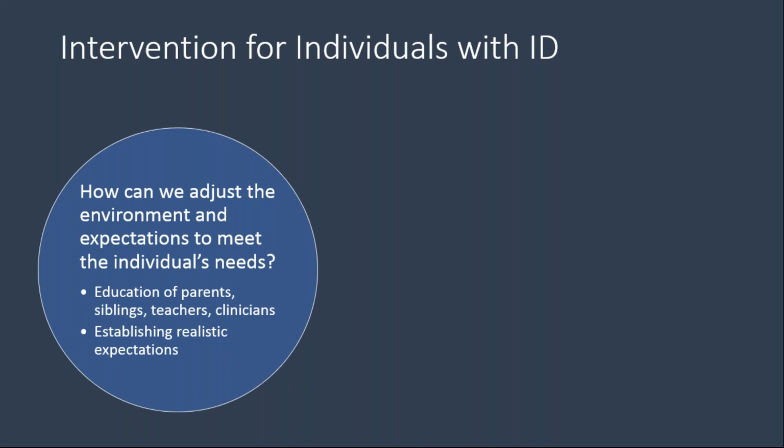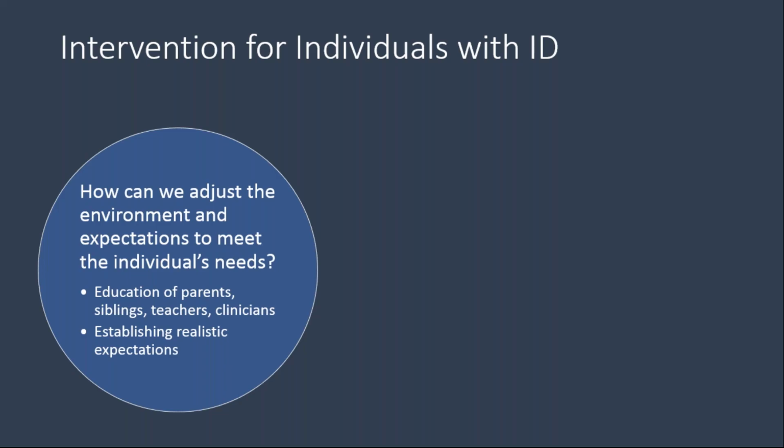Perhaps they need more support. Perhaps we need to lower our expectations for what the work level is that they can complete. And a lot of times by adjusting the environment around the individual, we actually see that some of those disruptive behaviors may decrease or go down.